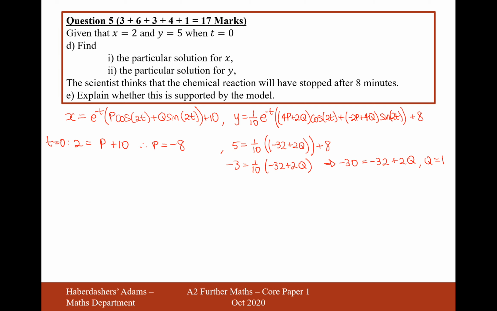Okay, so there we are. So that's the values of p and q. So now we can write our final answers for x. So it's going to be e to the minus t brackets p, which is minus 8.